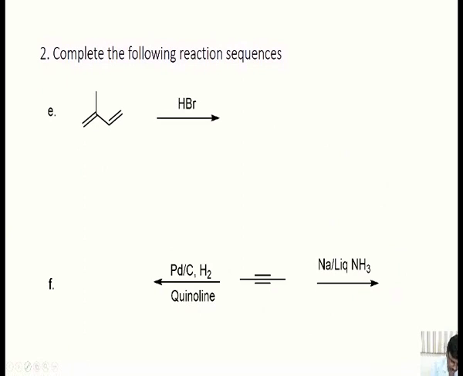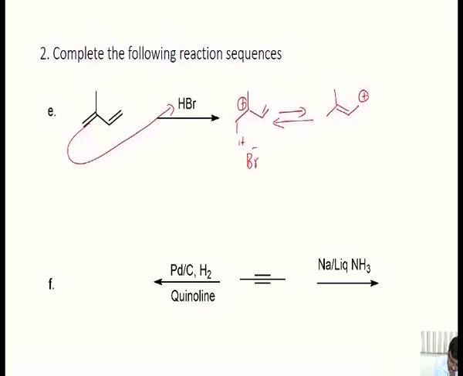Now let us look at this example. So the reaction of this 1,3-diene with HBr gives the addition product, and in this reaction, as we have just seen, it can react with this proton to give a carbocation which can undergo reaction with Br minus.